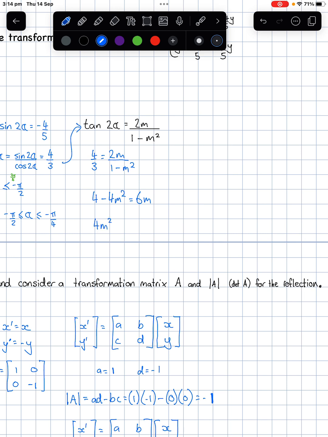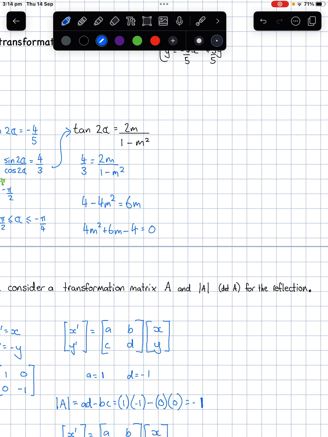So 4m squared plus 6m minus 4 equals 0. If I divide everything by 2, I get 2m squared plus 3m minus 2 equals 0.